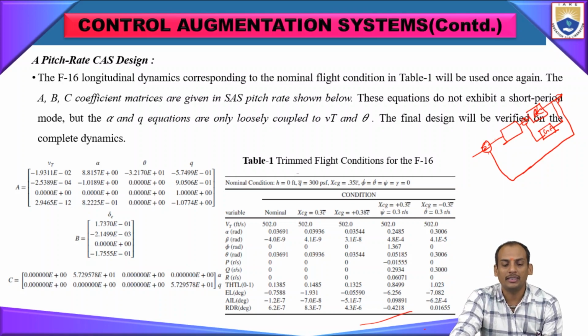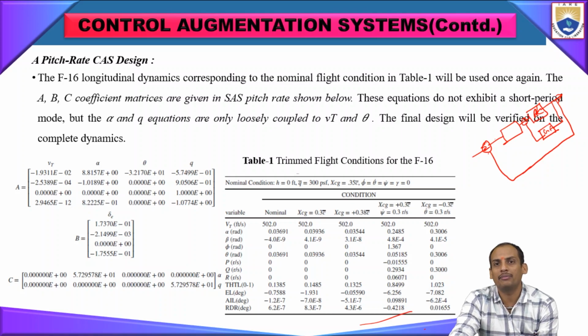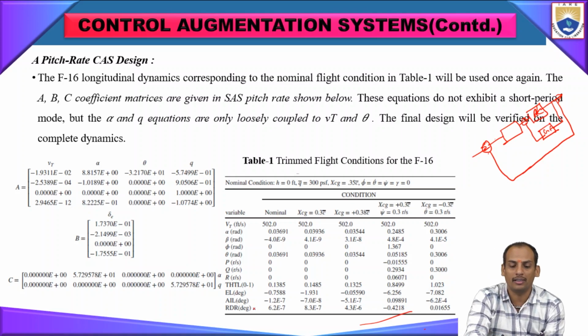P is the pitch rate, Q will be the aileron deflection, R will be the rudder deflection, and there are throttle, elevator, aileron, and rudder values also.